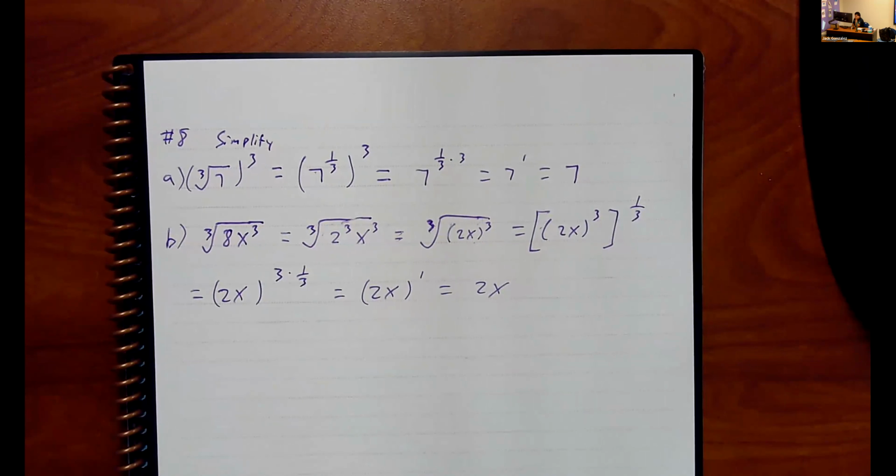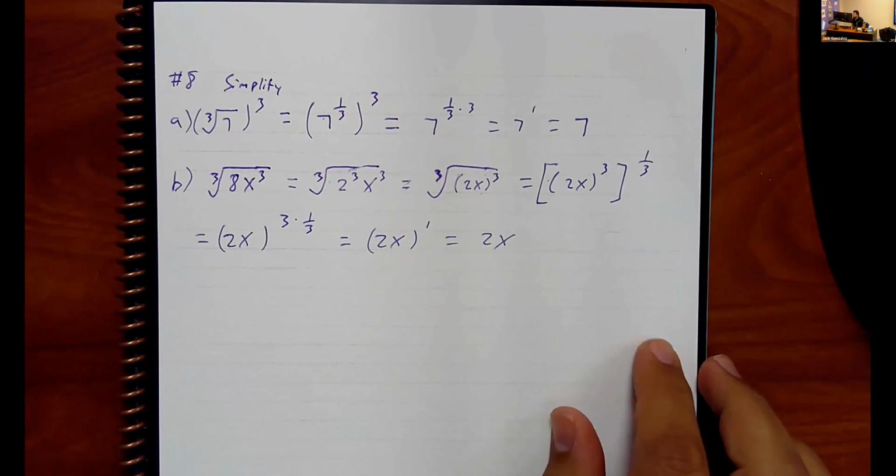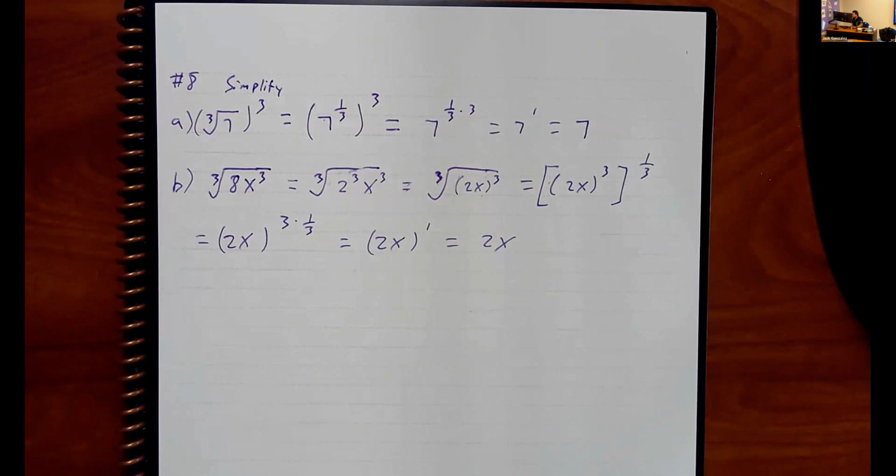I'm showing extra steps because we're going over it. If you skipped 1 or 2 steps here and there, that's okay. Don't skip too many, but I showed extra just in case. Any questions on number 8?